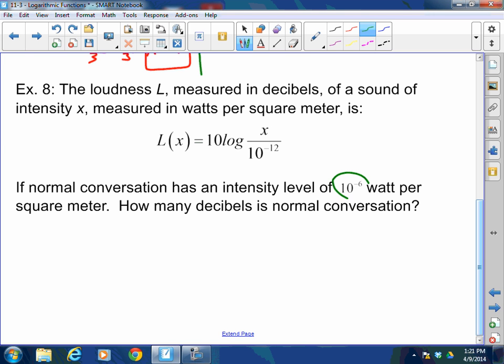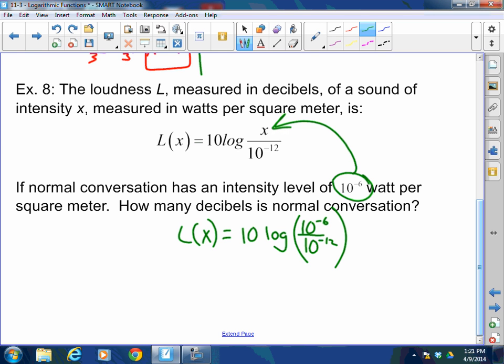Well, plug in the x which they gave you. So the loudness, or the number of decibels, is going to equal 10 times the log of 10 to the negative 6 over 10 to the negative 12. Are you guys with me so far?